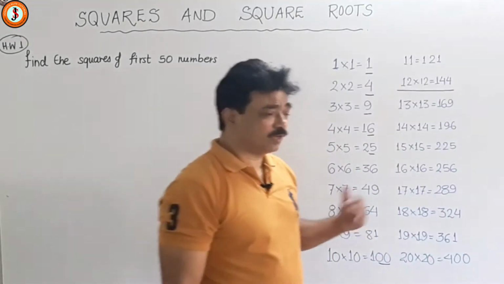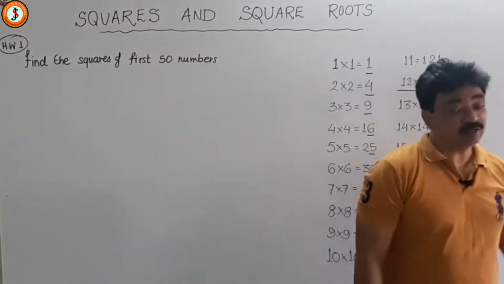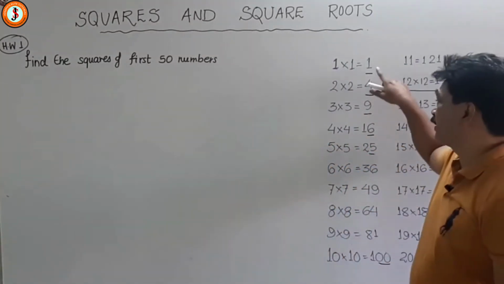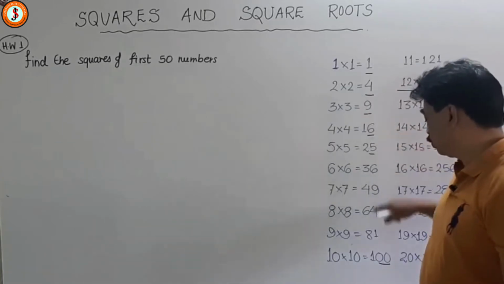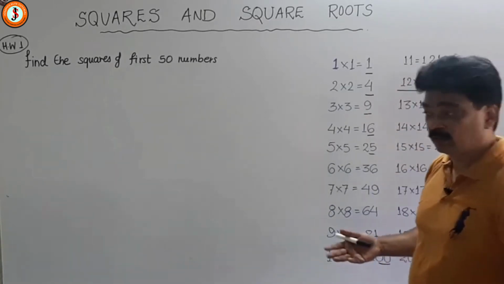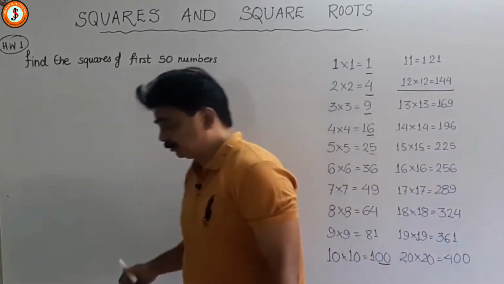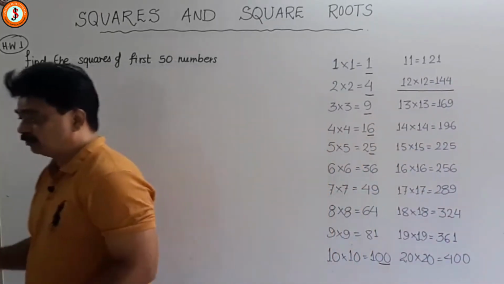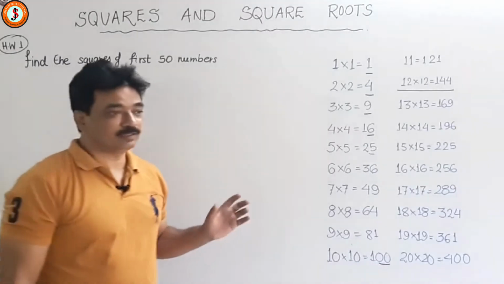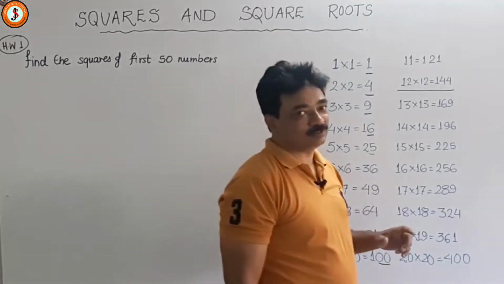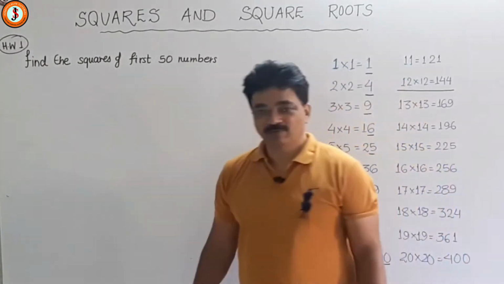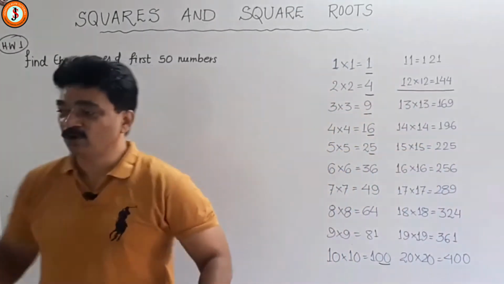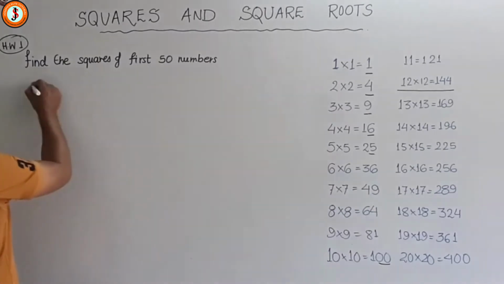Always the square of a number will contain at its units place either 1 or 4 or 5 or 6 or pairs of zeros. That is the property. So if you find out the square of a number and you are getting a result 2 at the units place, that means there is something wrong, some calculation wrong you have done. Are you following?